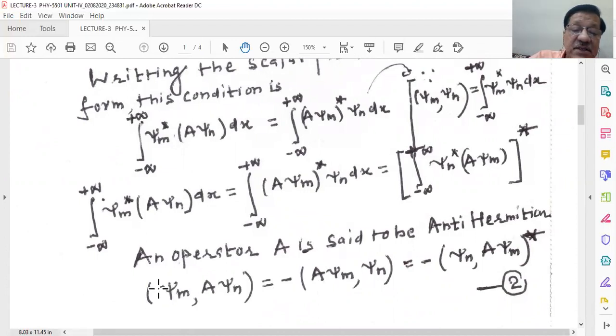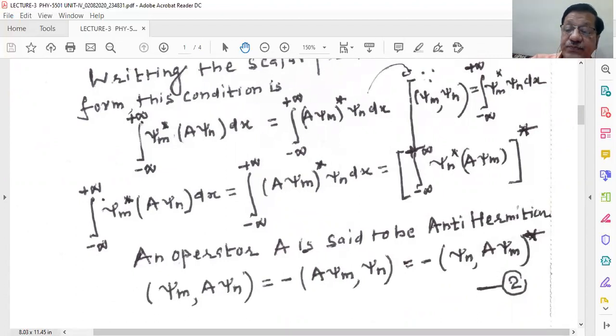Suppose I remove this minus sign from both sides, then this is nothing but a Hermitian operator. So here also the same definition, we put a minus sign with ψ_n A ψ_m star. So this is the definition of the Hermitian operator in quantum mechanics.